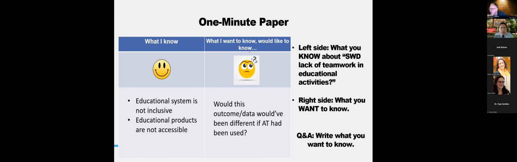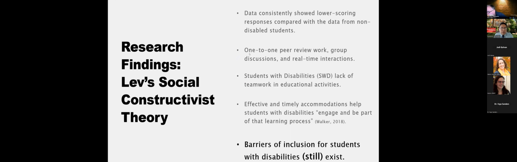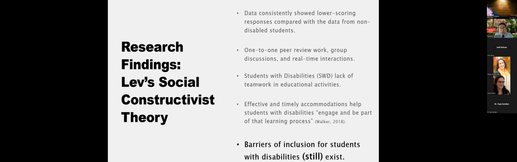So, and many other data really showed that, for example, the crux finding of this research is that barriers to inclusion for students with disabilities still exist in education, and that it's time to do something about it, right?